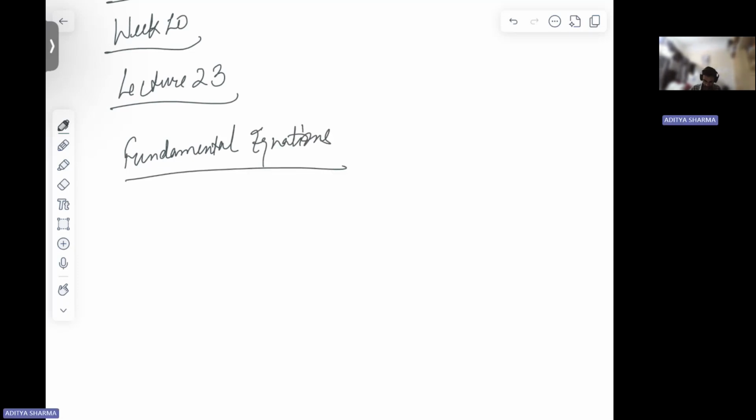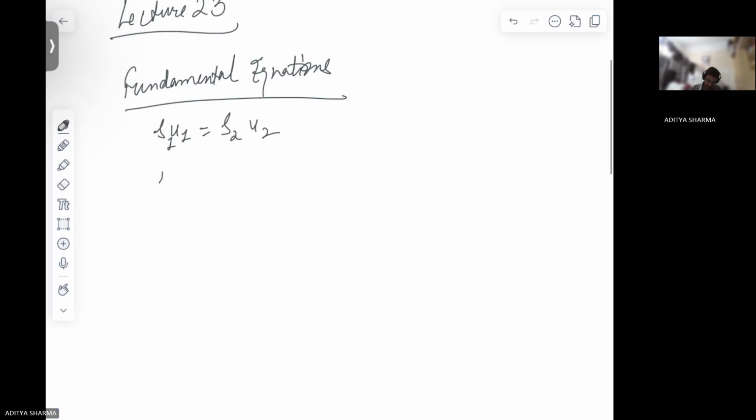The fundamental equations have been discussed. One is rho1 u1 equals rho2 u2. Second is p1 plus rho1 u1 square is equal to p2 plus rho2 u2 square. This is your momentum equation.